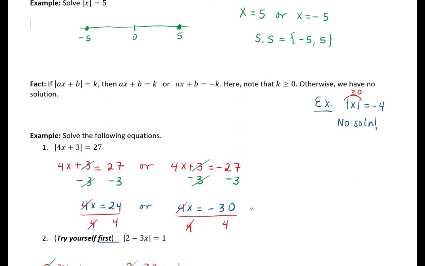From here we get -15 over 2 if we simplify. So we got two solutions: x equals 6 or x equals -15 over 2. Those are the solutions for this problem, negative 15 over 2 and 6.